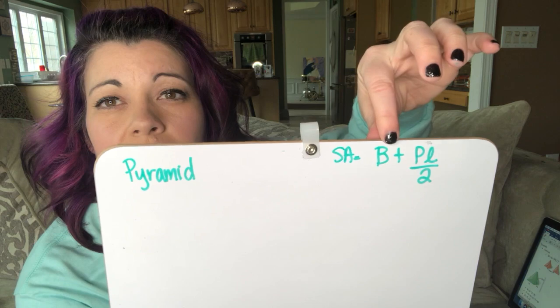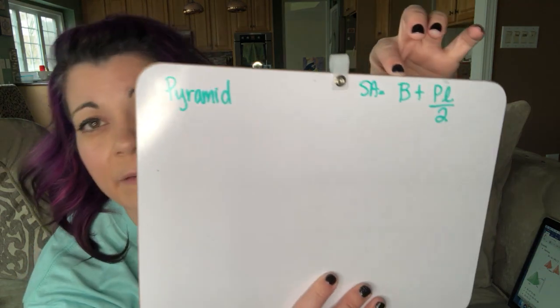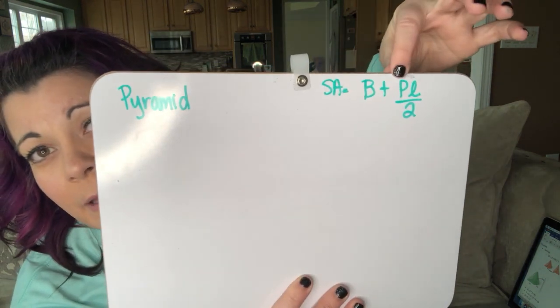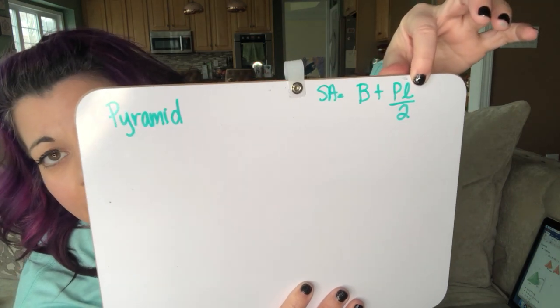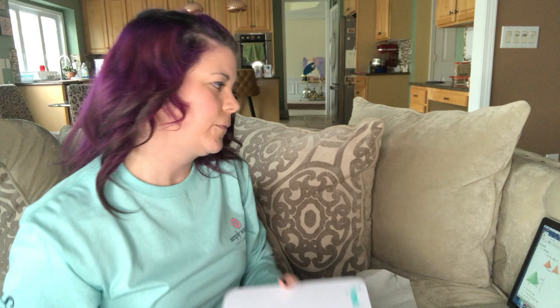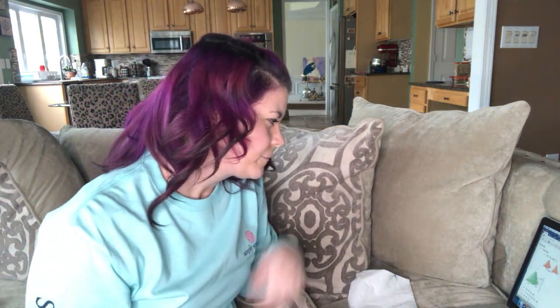So we have B, which we know what this stands for. The big B stands for area of the base. P stands for perimeter of the base, and L stands for the slant height, and then divide by 2. It's actually the slant height because it's a pyramid, so it's slanting, but it's actually not one of the sides.